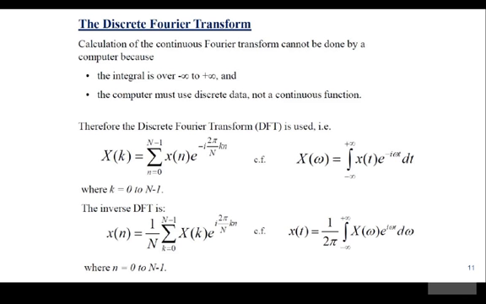This is the discrete version of the continuous Fourier integral. Similarly, we can go back and do the inverse, so we can flip between frequency and real space. You notice here we've stopped using time and used k.